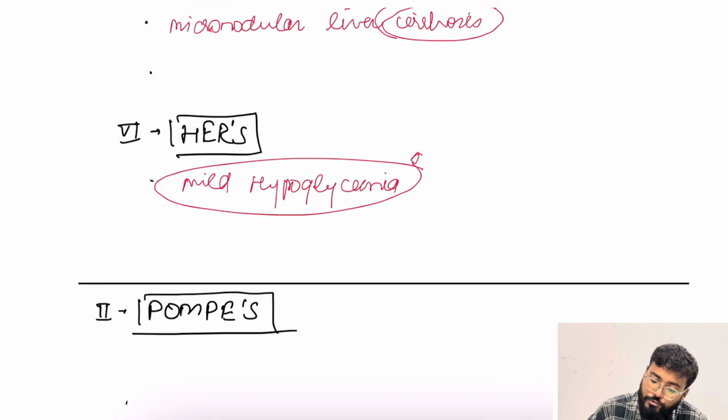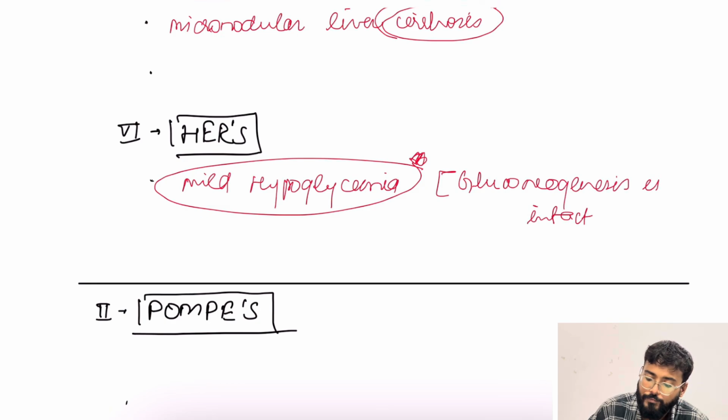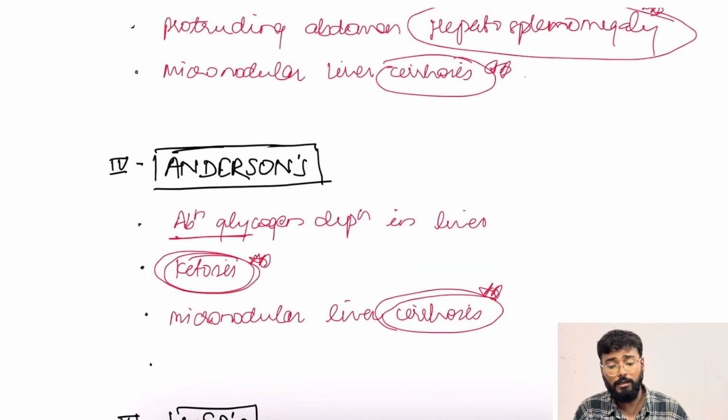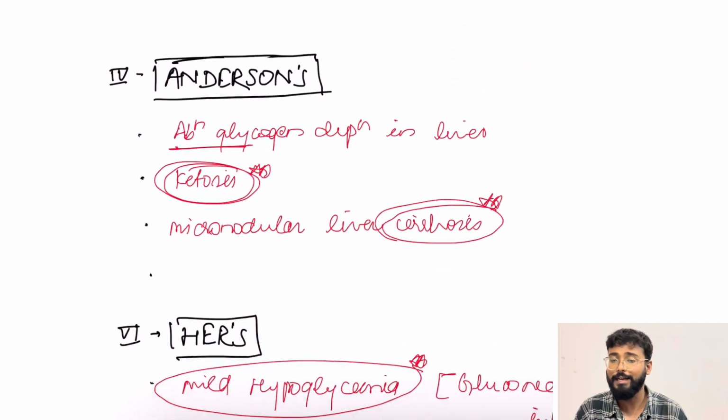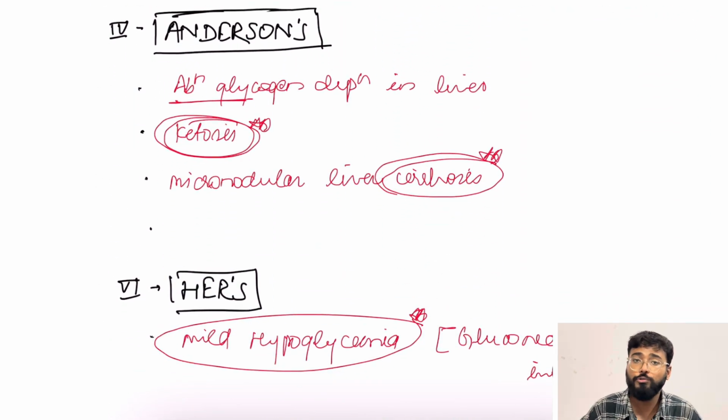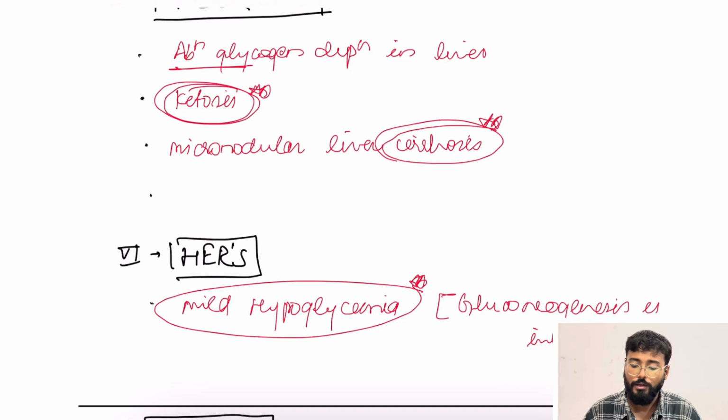In the rest of these three, von Gierke's, Cori's, and Anderson's, gluconeogenesis is not intact, because oxaloacetate is already depleted, so it is not available for gluconeogenesis.